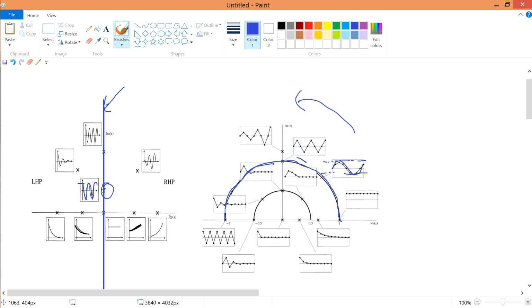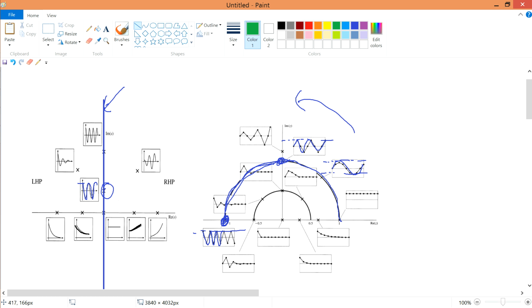The further you go over here, that means your imaginary axis is going up, you become more and more oscillatory, but still flat. And further down, if you go towards the most extreme side over here, this is super oscillatory but flat.